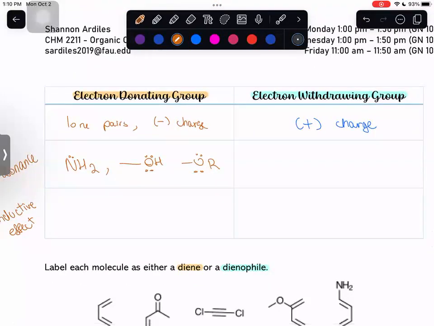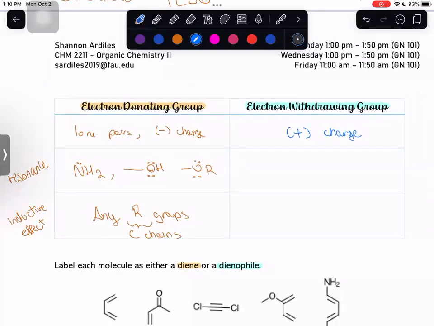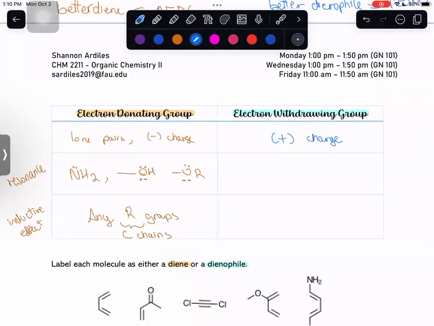And then for induction effects, technically it's gonna be any R group. So that means any carbon chains. And then let's do the same for withdrawing groups. Resonance and inductive effects.